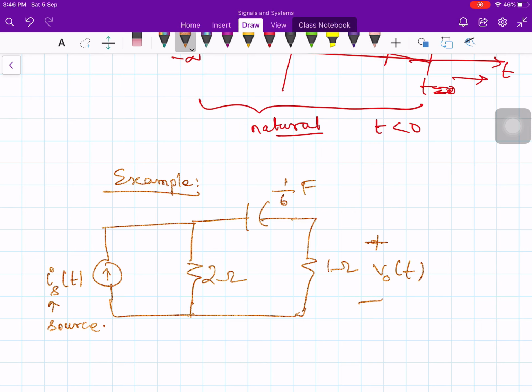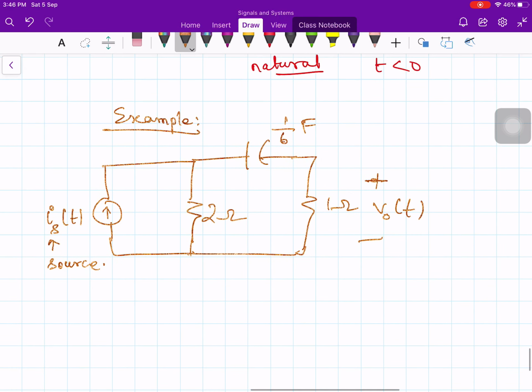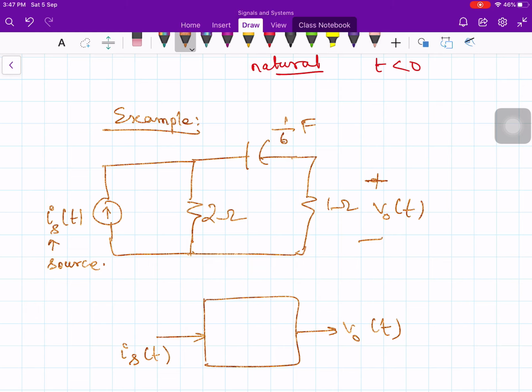Okay, this can be viewed as a system, a black box, and the input is IS of t, and the output is V0 of t. Input is current and the output is voltage.